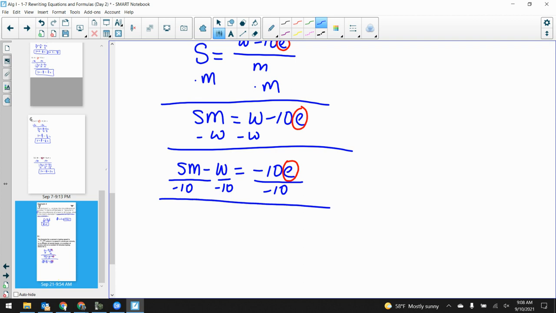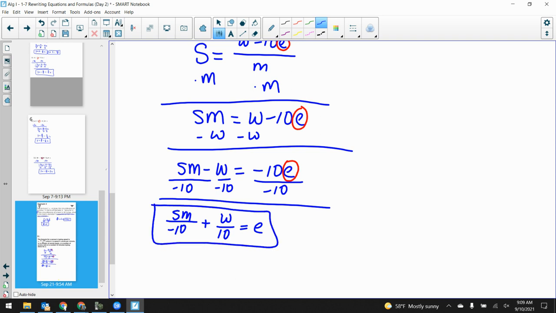And everybody gets divided by negative 10, right? SM divided by negative 10. Negative divided by negative, I can make that a plus in there. W over 10 is equal to E. Is E alone? Yes. So I'm done.